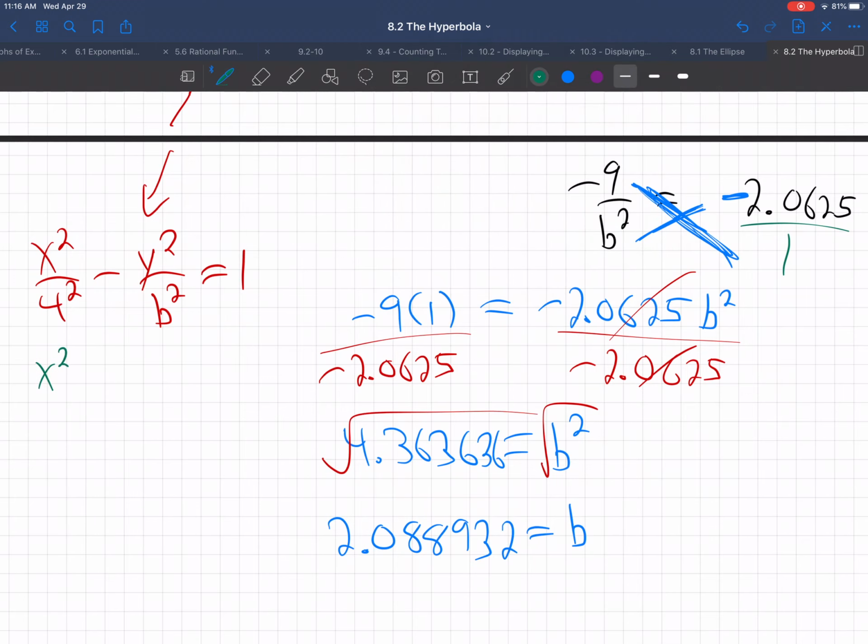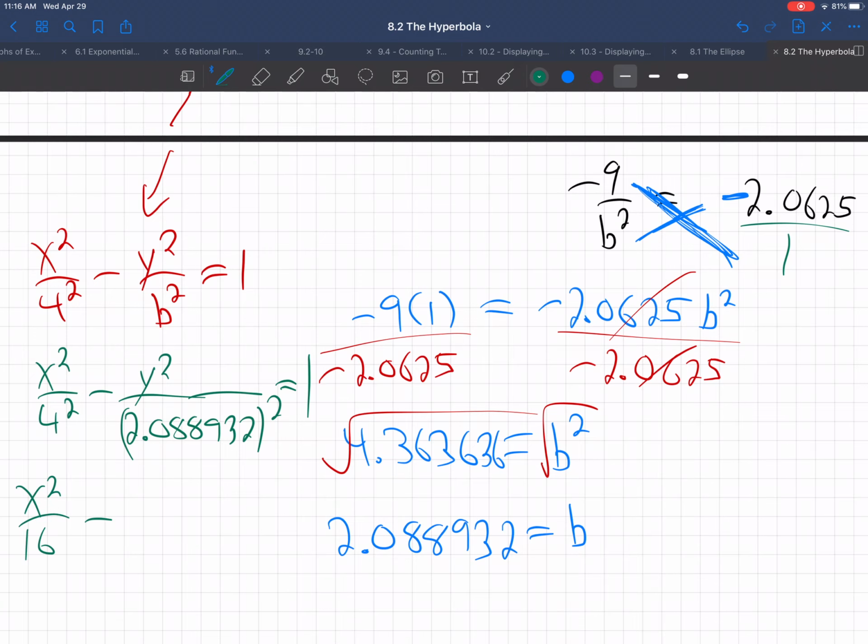This is x squared over 4 squared minus y squared over b, where b is 2.088993, squared, equal to 1.